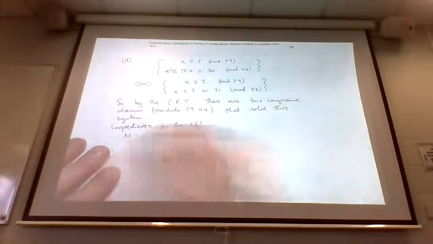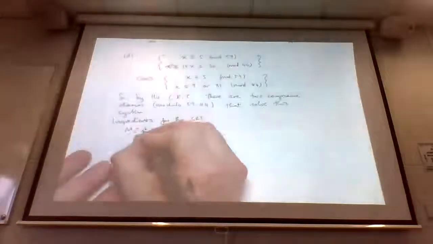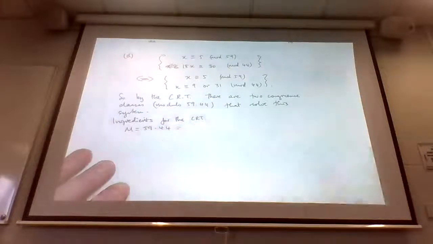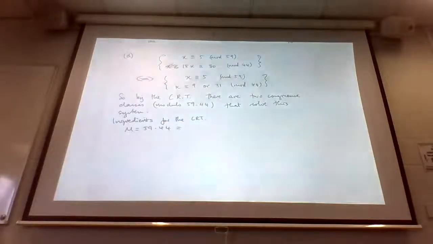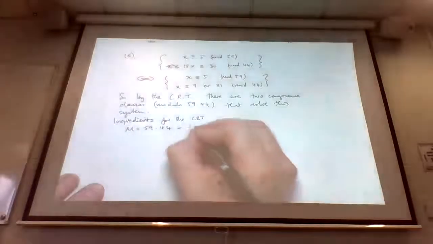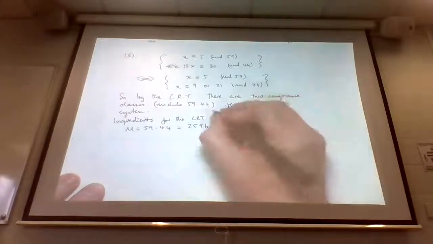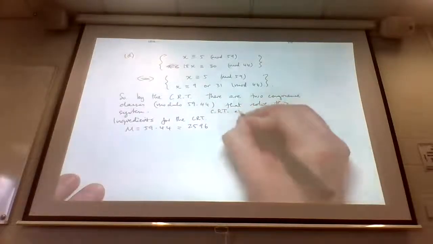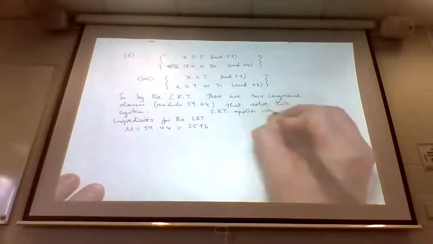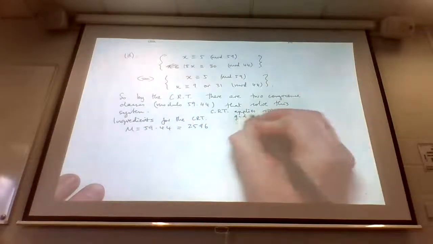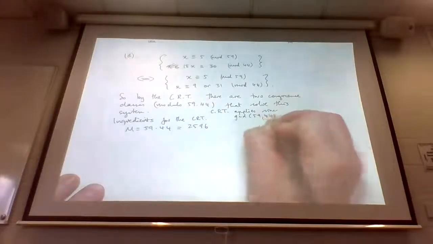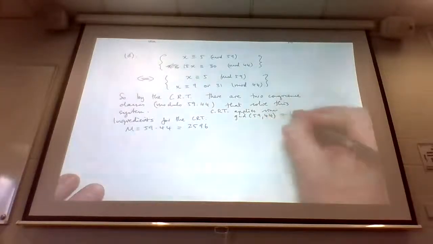We have this number capital M, which is the product of 59 by 44, which is 2596. First of all, we should note the CRT applies since the GCD of 59 and 44 is equal to 1.